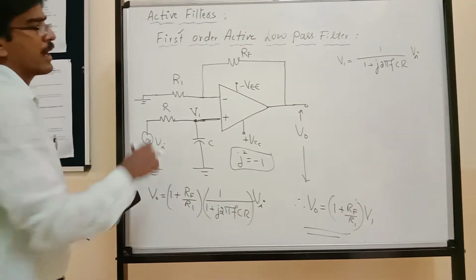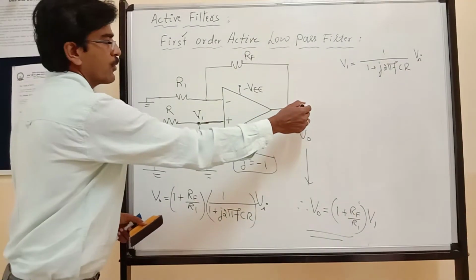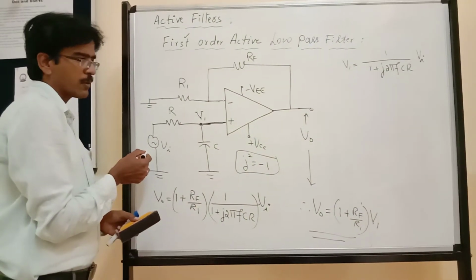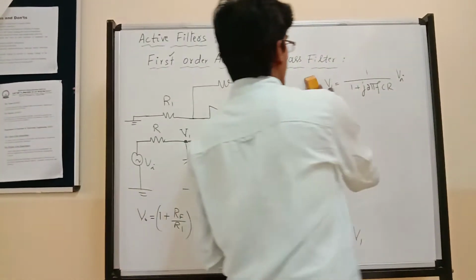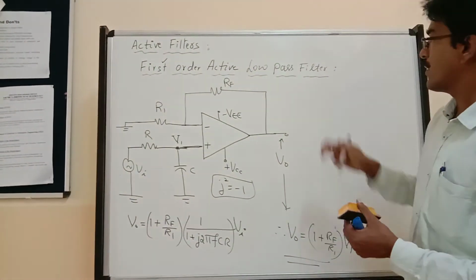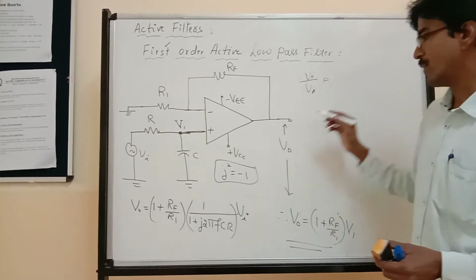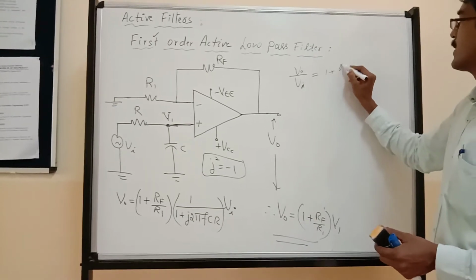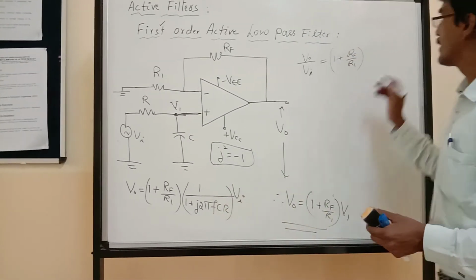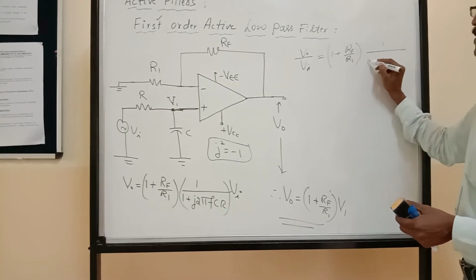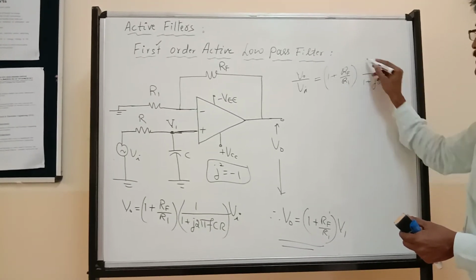Now I want to find the gain of the total circuit, that is output voltage divided by actual input voltage gives the closed loop gain. Taking the ratio, we get V0 by VI is equal to 1 plus RF by R1 multiplied by 1 divided by 1 plus J 2 pi FCR.